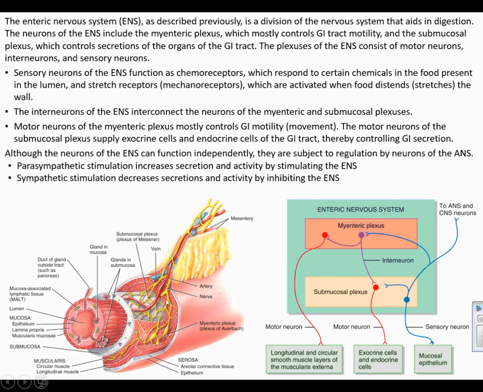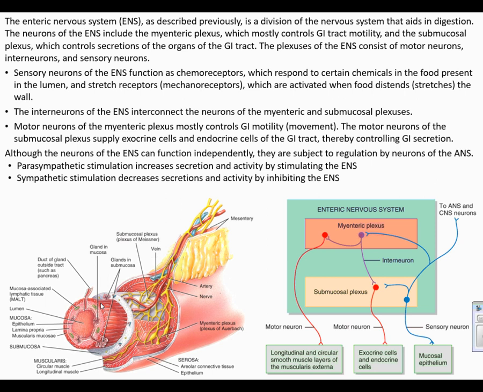Okay, that's these neurons located within the muscularis, and that's what controls GI tract motility. So it controls the contraction of our tract. Okay. The submucosal plexus, or plexus of Meissner, as it's sometimes known as, is what controls the secretion of organs of our tract. Okay. So it activates the release of glands to help digest. Okay.